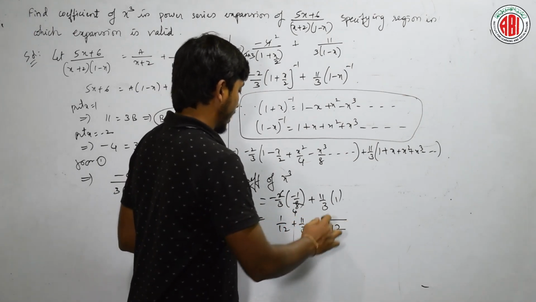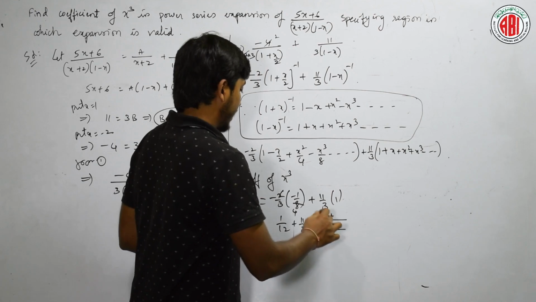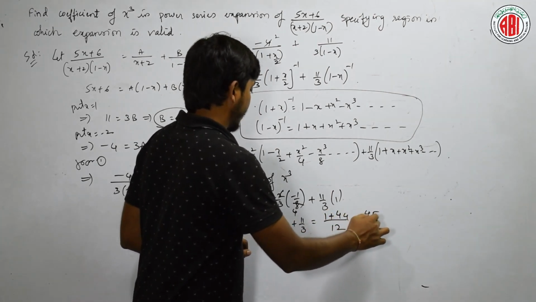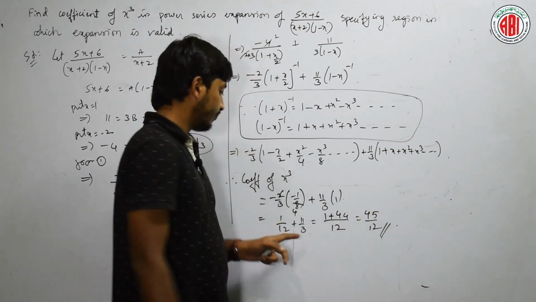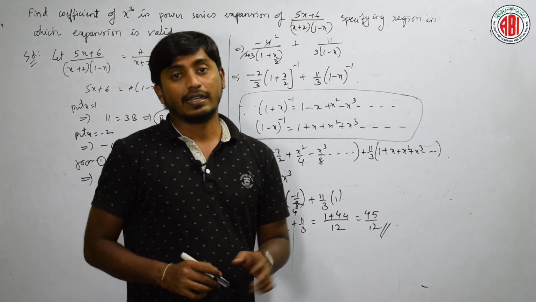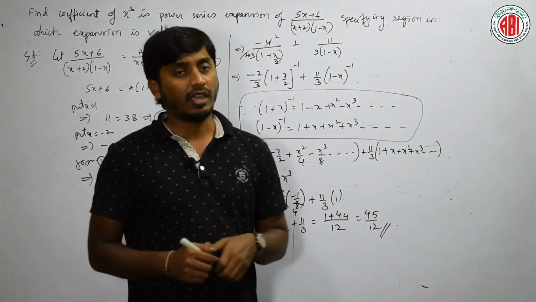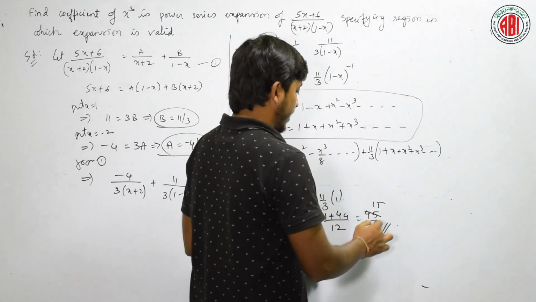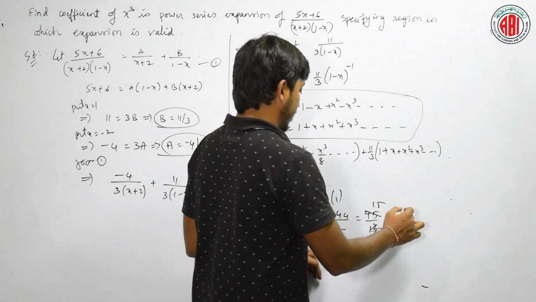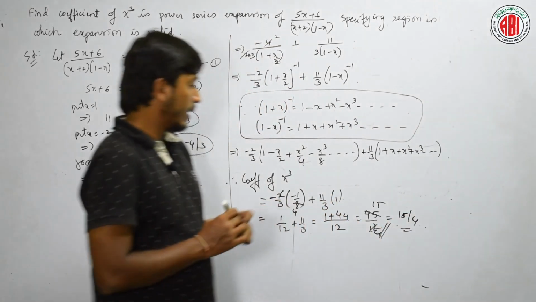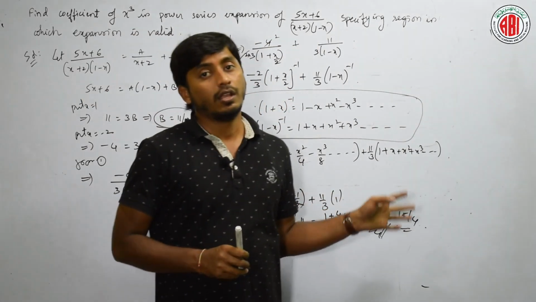LCM is 12. 1 plus 44, therefore the answer is 45 by 12. Did you understand? If you want to cancel, you can also cancel: 3 fifteens are 45, 3 fours are 12, so this will be 15 by 4. Clear? Is it okay? Fine.